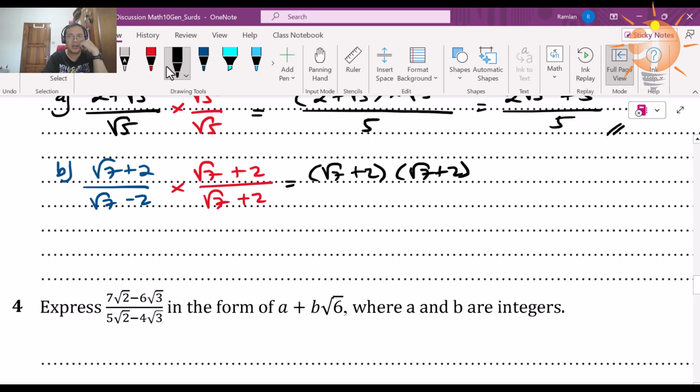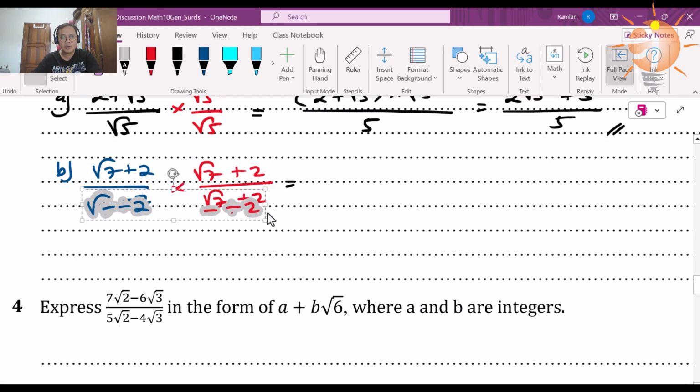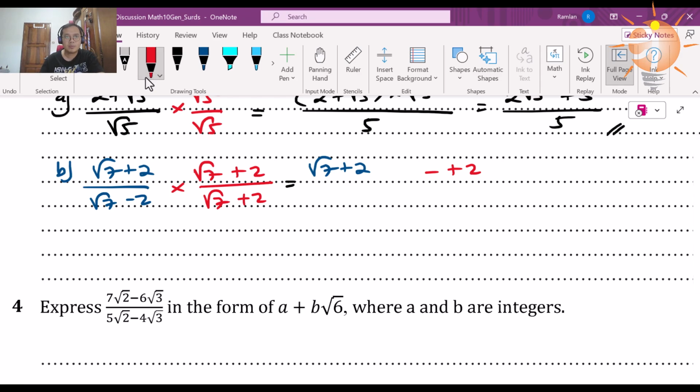Maybe I'm just going to copy and paste them so that you can see it easily. I'm going to use the lasso tool, combine this, copy it, and paste it here.